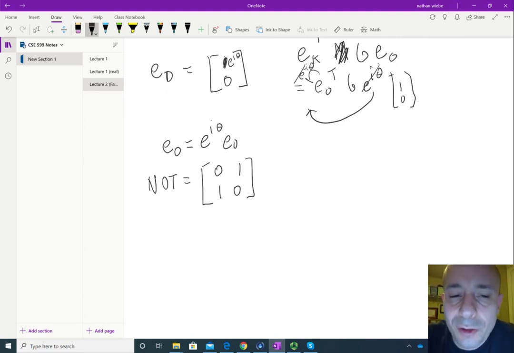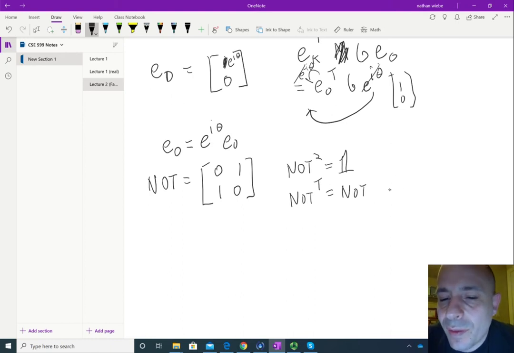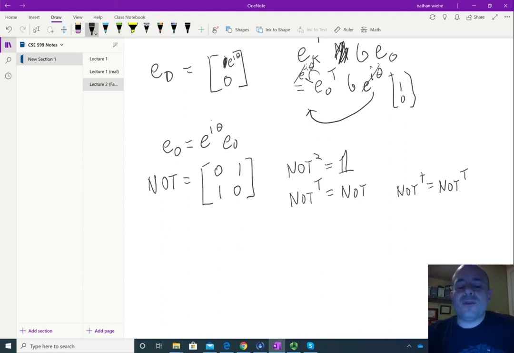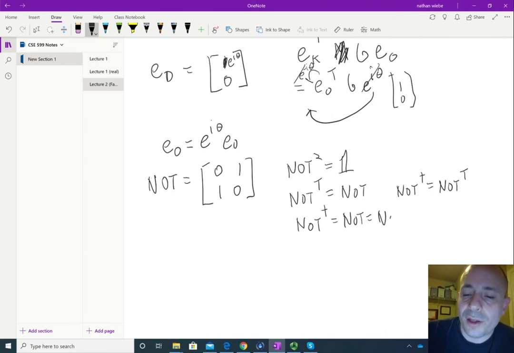And this is a unitary matrix because NOT squared is equal to identity, and NOT transpose turns out to be NOT. In this case, NOT dagger, because everything's real, is equal to NOT transpose. And so this is clearly a unitary matrix because NOT dagger equals NOT inverse.